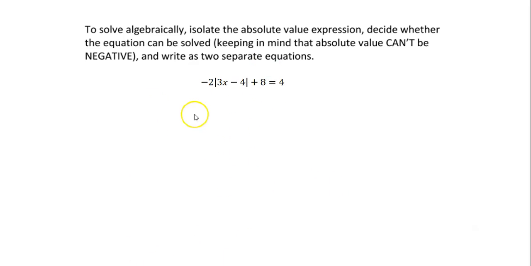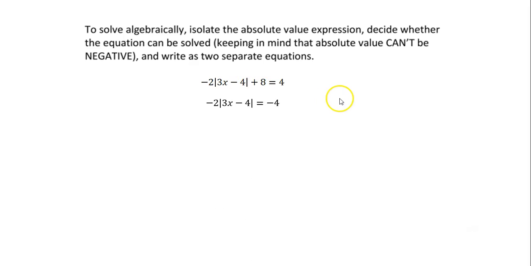So we have negative 2 times the absolute value of 3x minus 4, plus 8, equals 4. The first thing we want to do is isolate this absolute value portion, and then we can move forward with whatever scenario we have. Like solving an equation, I'm going to subtract 8 on both sides.